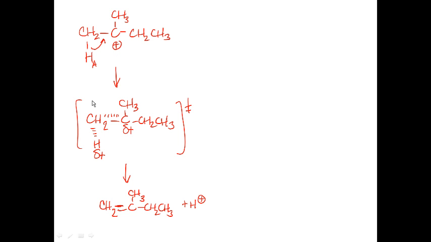Okay, so now in this case, this is the mechanism to form product A. Can we write the mechanism to form product B then? Or sorry, product C. Okay, can you write the transition state and then the final product for C? If you can, stop the video, go ahead and write it, and then we'll see if you're correct.